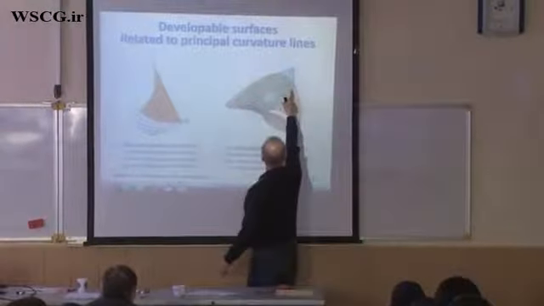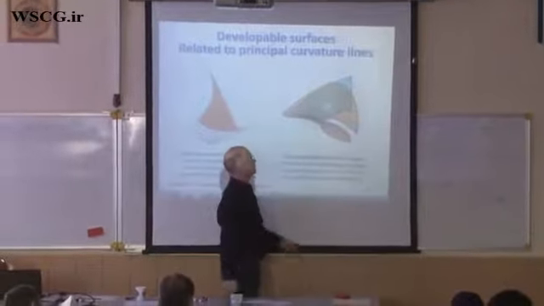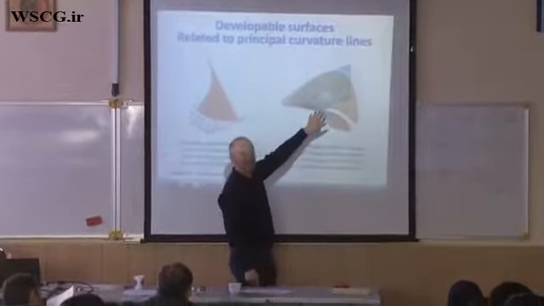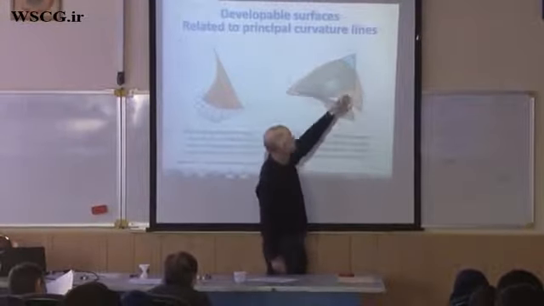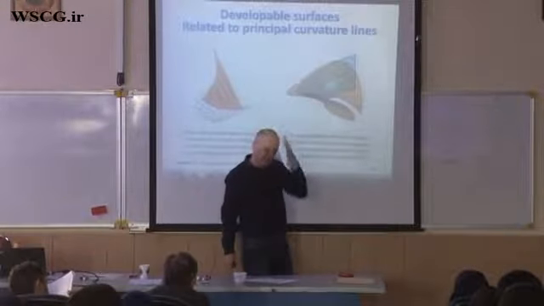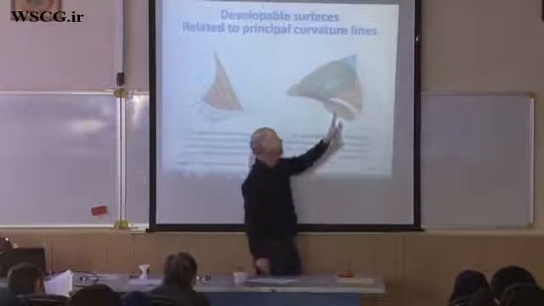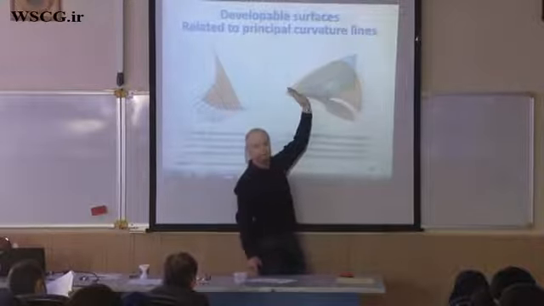If you take a principal curvature line and you form a developable surface which is tangent to your surface along this principal curvature line. So conceptually, you have to do the following. Every point here has a tangent plane, right?